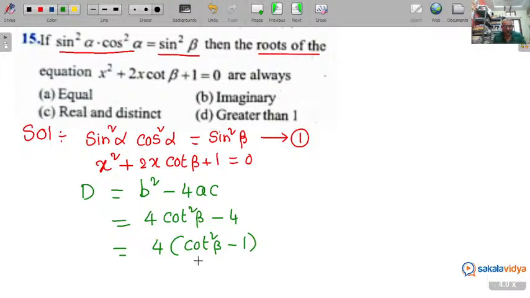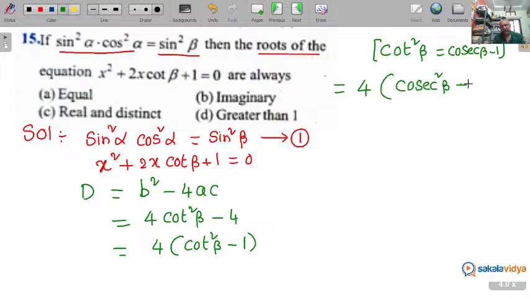Now because we need to express in sine square beta, cot square beta is equal to cosecant square beta minus 1. So this is equal to 4 times cosecant square beta minus 2, because minus 1 minus 1. This is 1 upon sine square beta minus 2.